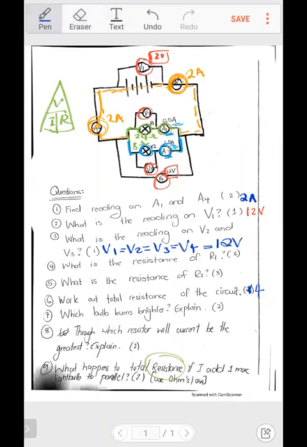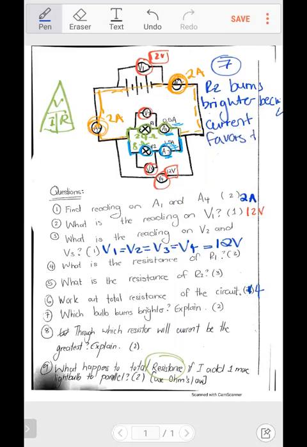You're going to say, for number 7, R2 burns brighter because, I'm just writing it in slang here, current favors the path of least resistance.